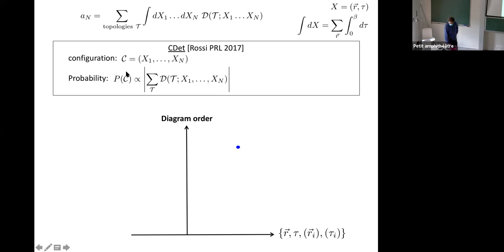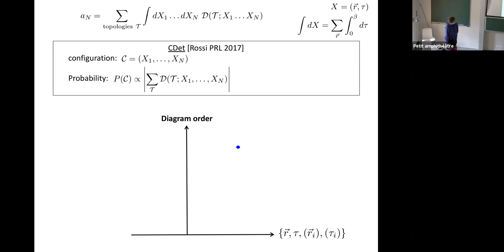Before, the configuration included the topology, but now the configuration is nothing else than just the values of the internal variables. And what we will do is visit configurations with a probability which is proportional to the absolute value of the sum over all topologies at a given order of these functions D, which are just the product of propagators.